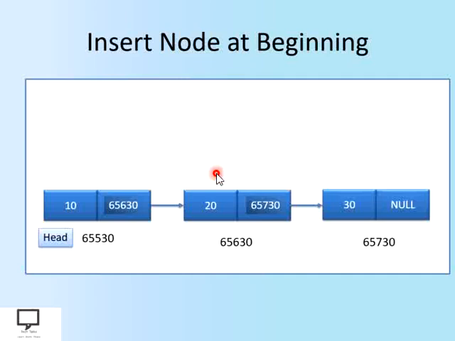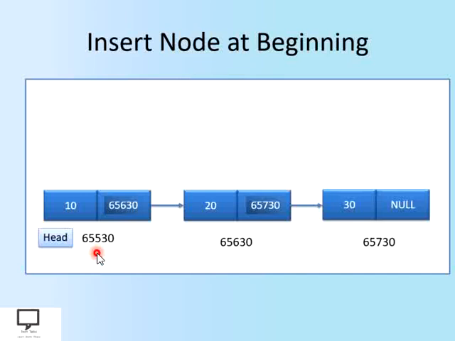To insert a node at the beginning, we have to consider that we are having a linked list with us. Now let's consider we are having these three nodes with us, from which this is your first node, that is nothing but a head node of your singly linked list. If you want to know more about the singly linked list, its introduction, why it is called as singly linked list, then you will come to know all these concepts in my video, that is introduction to singly linked list.